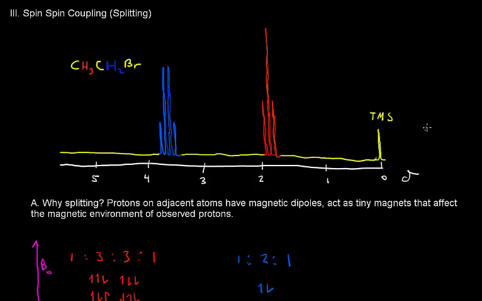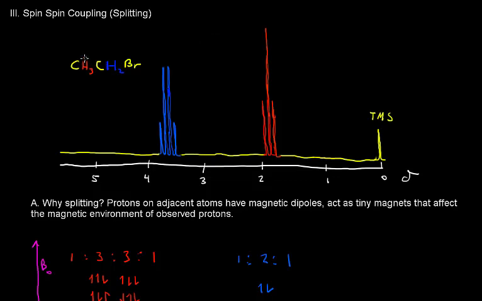So how does this happen? What's going on physically? It turns out the protons on adjacent atoms have their own little magnetic dipoles. Remember, in the applied magnetic field from the spectrometer, each of these protons will either be spin up or spin down, at least that's the way they tend to align. Because they have their own little dipoles, protons act as tiny little magnets, and they affect the magnetic environment of the observed protons that we're getting our resonance for in the NMR.